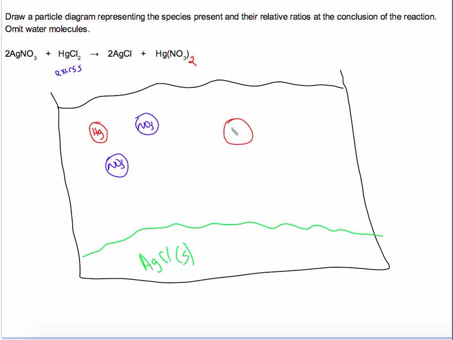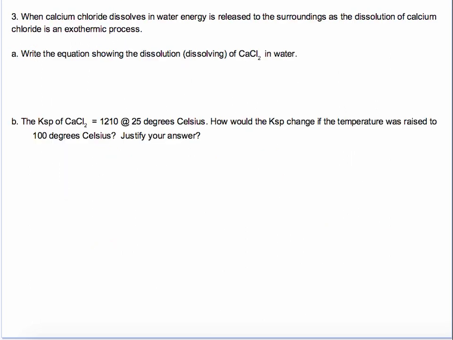So there's some of this also remaining. So you would need some mercury again, but you're also going to need some excess chloride. And for every 1 mercury, you're going to need 2 chlorides. All right, so that's how that would go. All right, don't forget about the excess. That was kind of the point there.